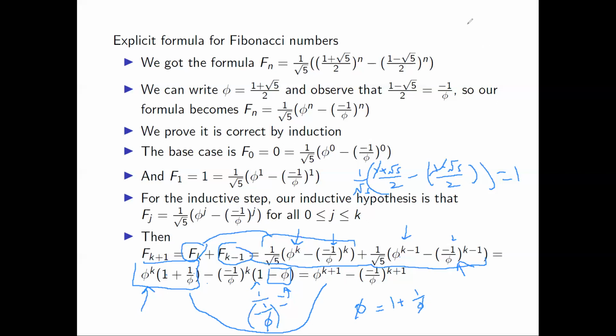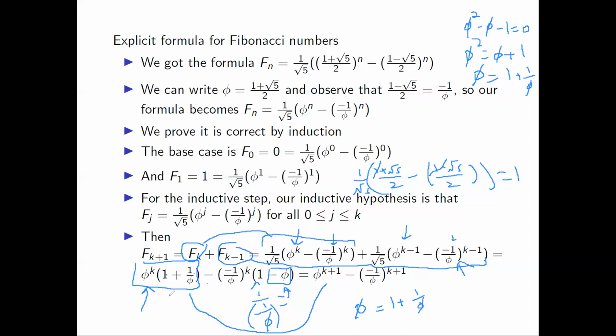Well, we know that phi is a solution to the equation x squared minus x minus 1 equals 0. So phi squared minus phi minus 1 equals 0. So we can say phi squared equals phi plus 1. You can divide both sides by phi, and that's how you get phi equals 1 plus 1 over phi.